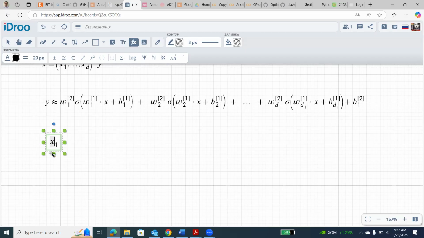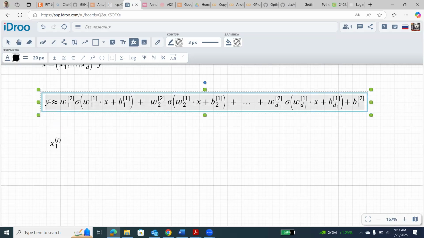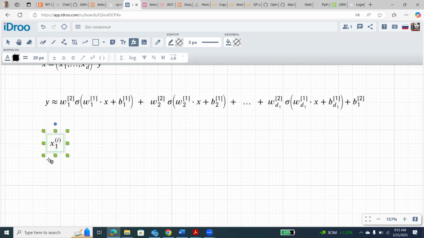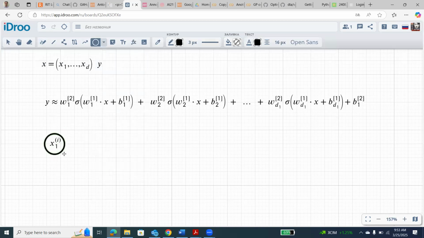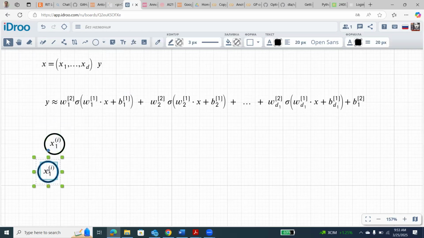I just skipped this additional index of the data points, but we also have the index xi. So everywhere actually I had to use the index of my data point. So let's write down these features in circles.